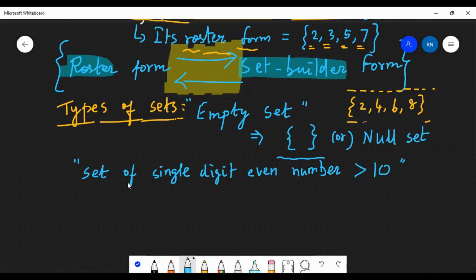Suppose I make a set builder statement. The statement is: set of single digit even numbers greater than 10. Does it make sense? Definitely no.